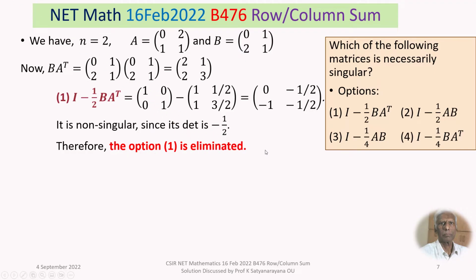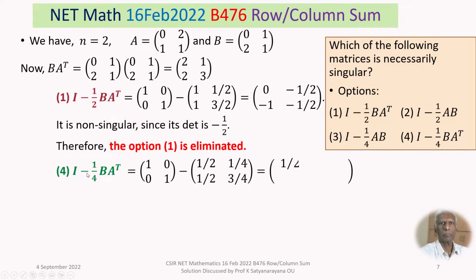And because this is the question that is given under section B, only one answer is correct, and we have already eliminated options 1, 2, 3. Therefore, our answer is option 4. But anyway, we see for this case, I minus 1/4 BA transpose. I is this, minus 1/4 BA transpose. 1/4 of BA transpose is this.